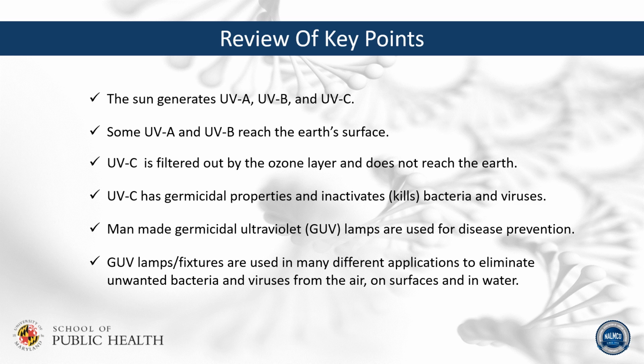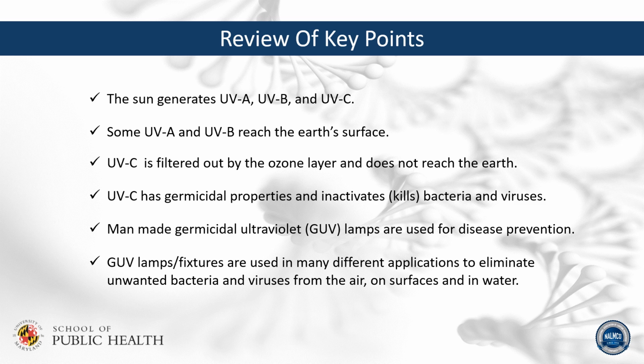So let's review the key points of what we just covered. The sun naturally generates UVA, UVB, and UVC rays. Some of UVA and UVB reach the Earth's surface. UVC is completely filtered out by the ozone layer and does not reach the Earth's surface.